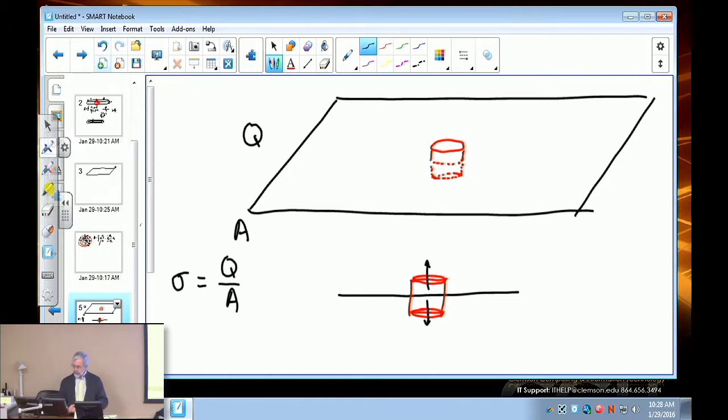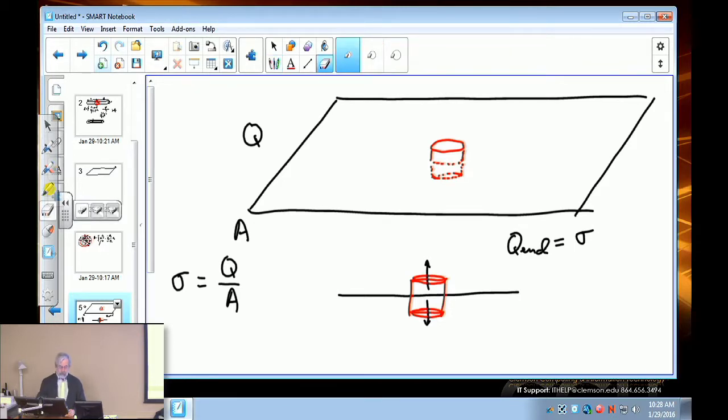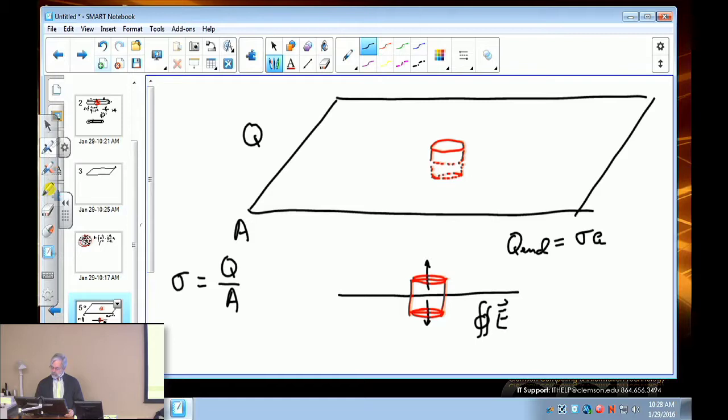Then the amount of charge enclosed is going to be sigma A, where A, I should use small a, is the area of the end caps. And there's no flux coming out through the belt now, right? There's flux only from the end caps.